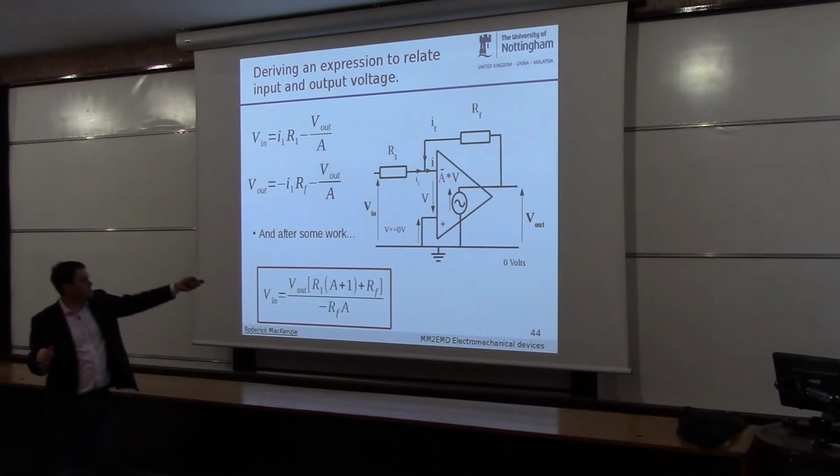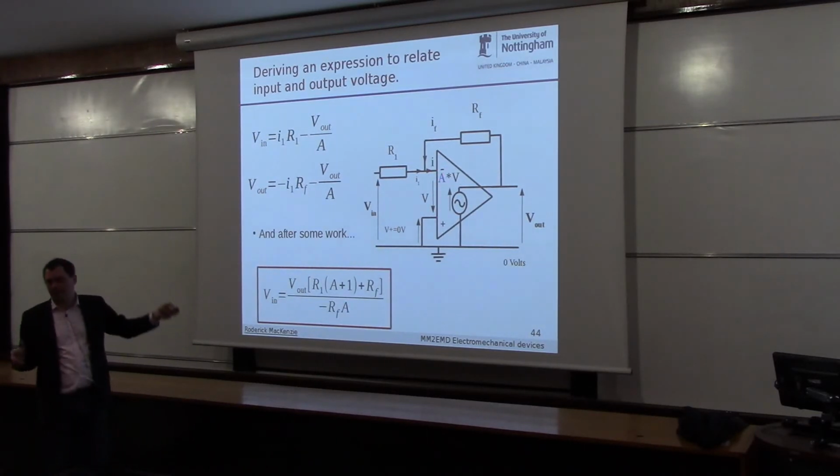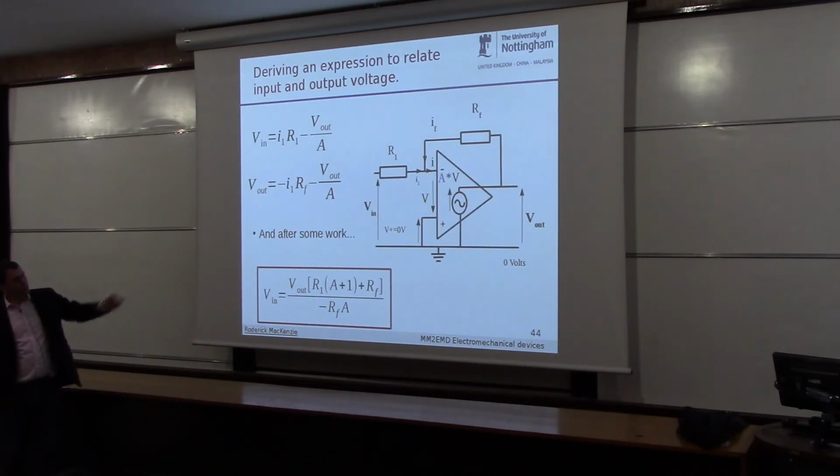Or I might ask what the input resistance of an op-amp is, at which point you'd say infinity. I might ask what the resistance of an output of an op-amp is, at which point you'd say 0. But it'd be very mean of me to say please derive this. So anyway, we've got this equation relating V in, V out, all the resistors, and the gain of the op-amp.